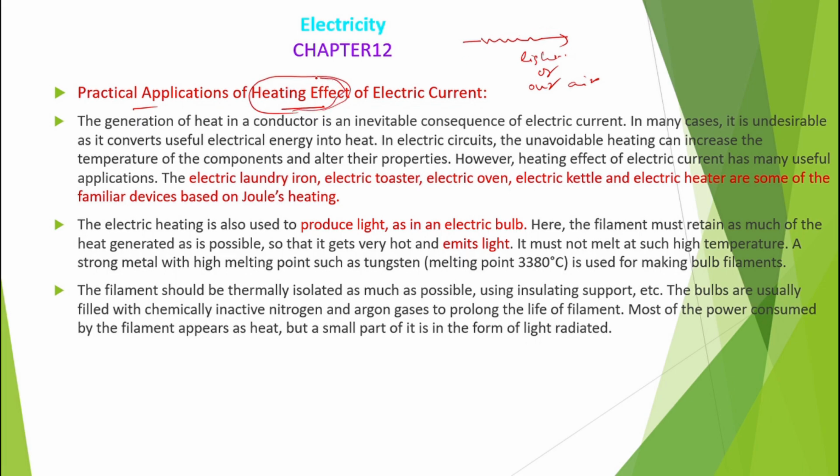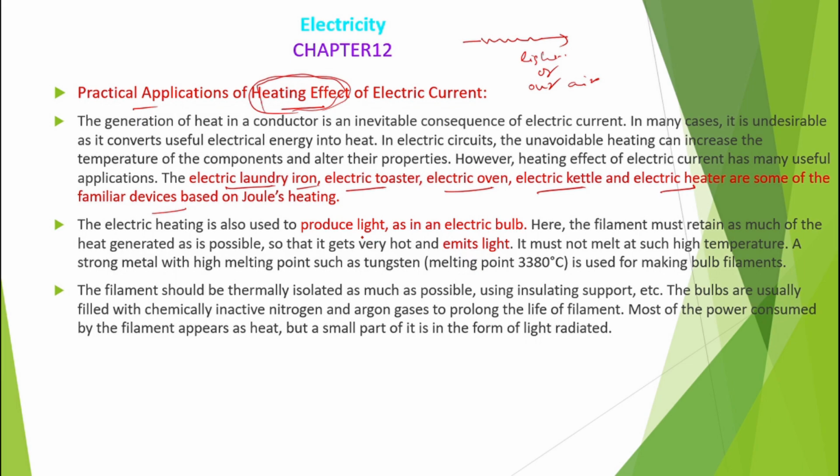Is there any practical application of this heating effect? That we will see. Many applications are there: electric laundry iron, electric toaster, electric oven, electric kettle, electric heater. These are all familiar devices.